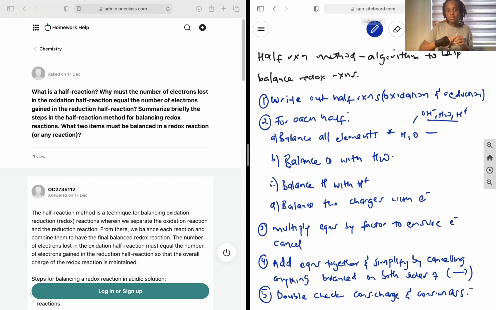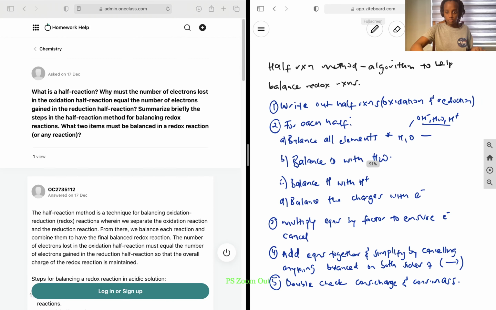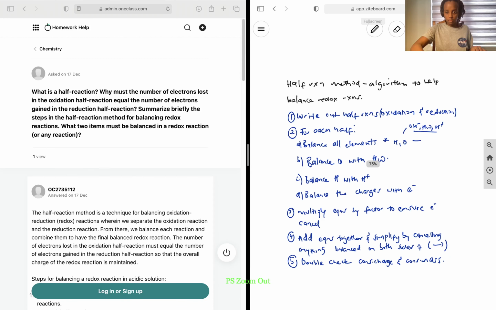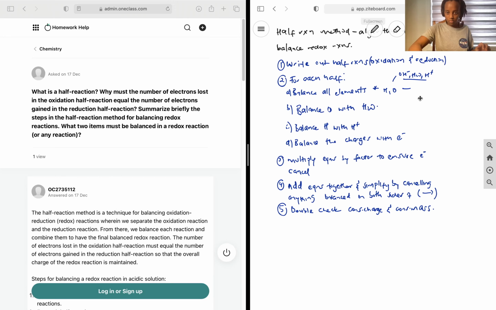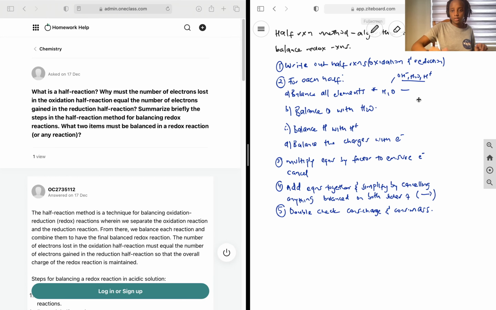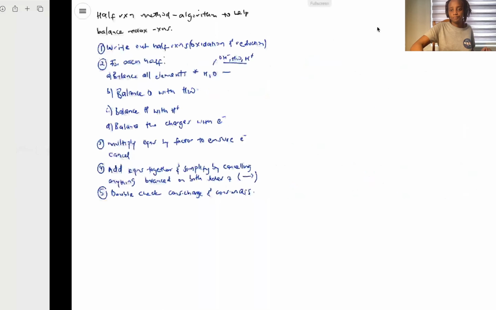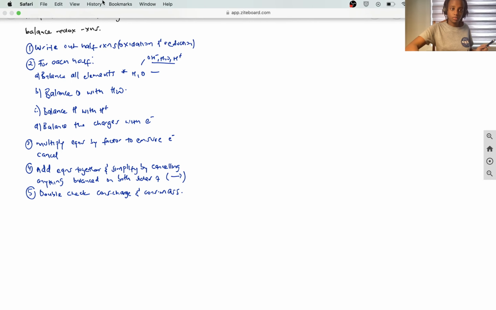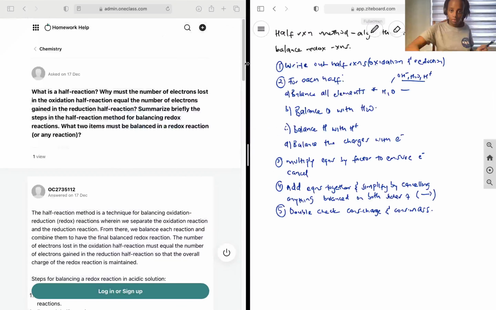Okay, and if we're working in a basic solution, the rules are a bit different.